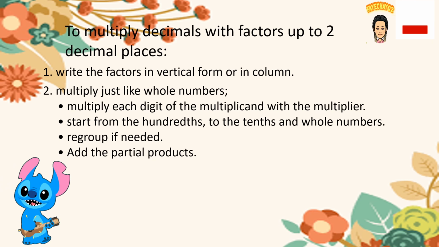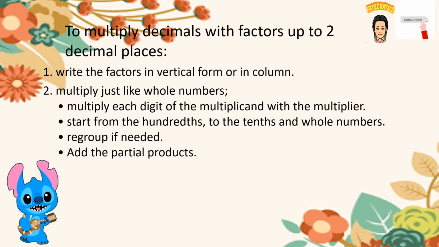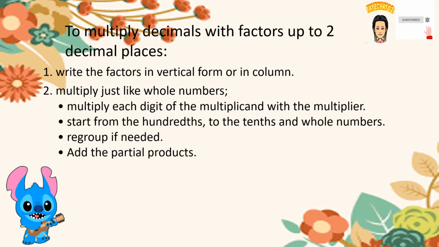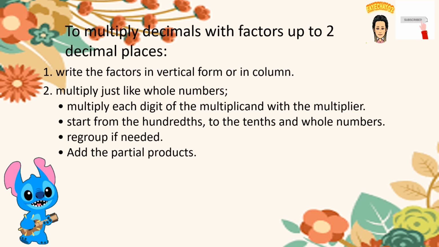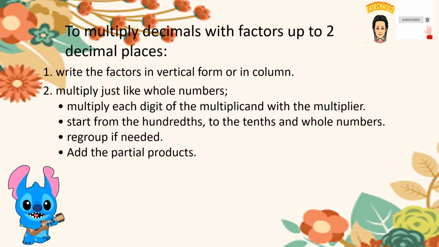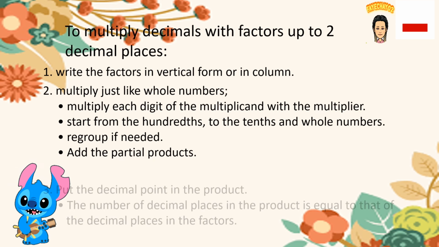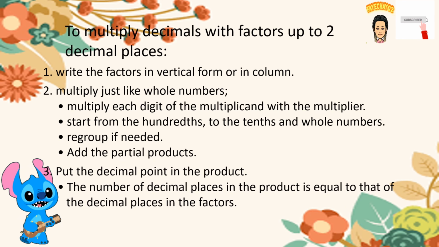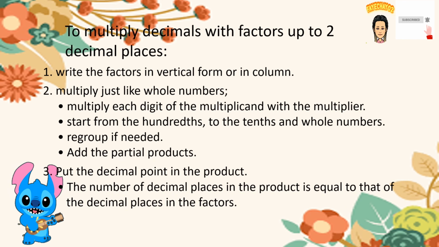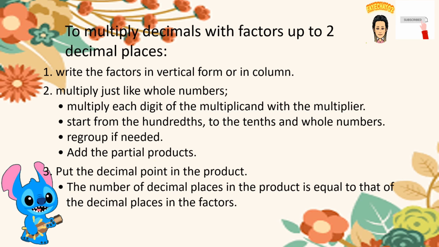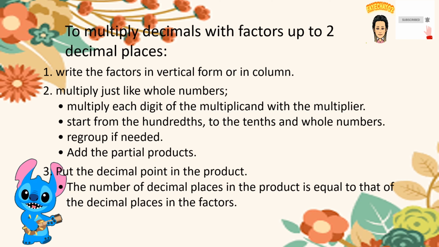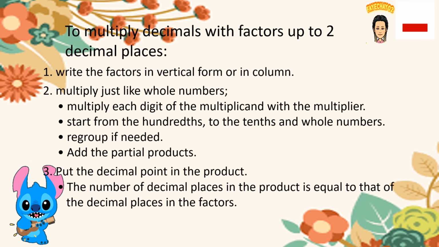Start from the hundreds to the tens and whole numbers. Regroup if needed. Then, add the partial products. And the last step, put the decimal point in the product. The number of decimal places in the product is equal to the number of decimal places in the factors.